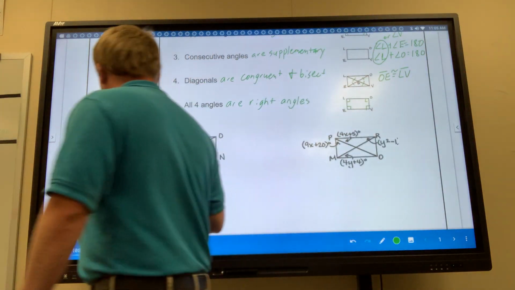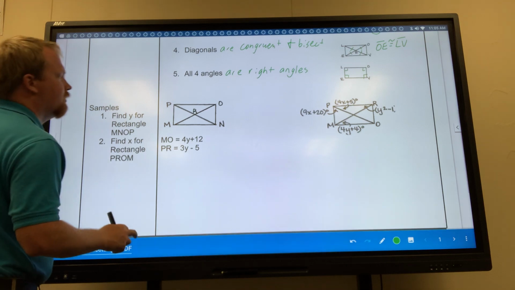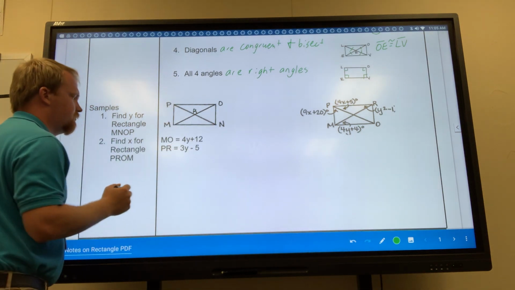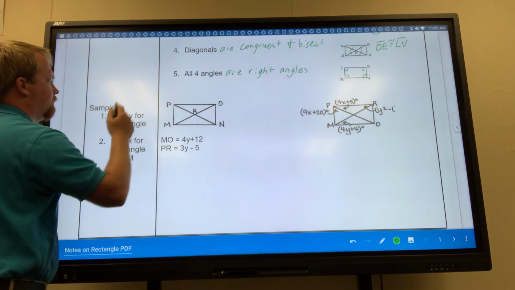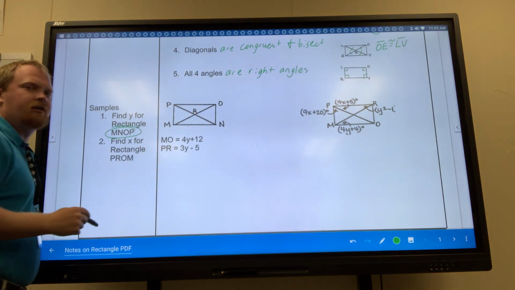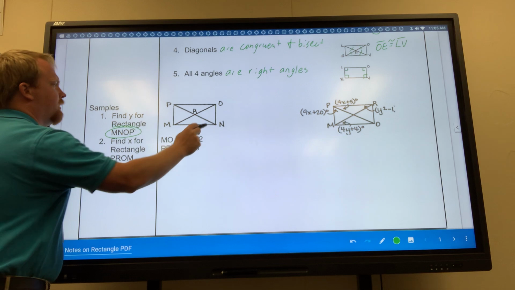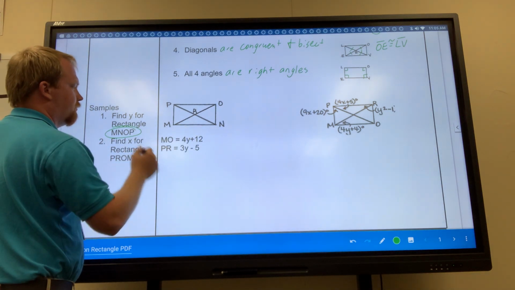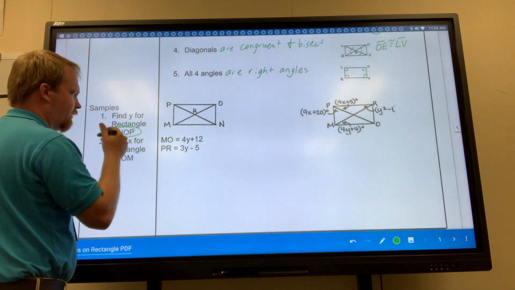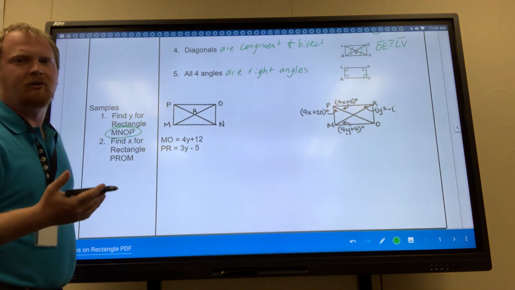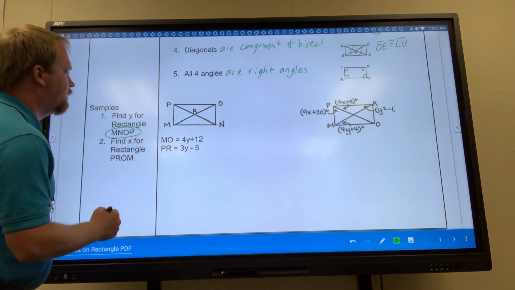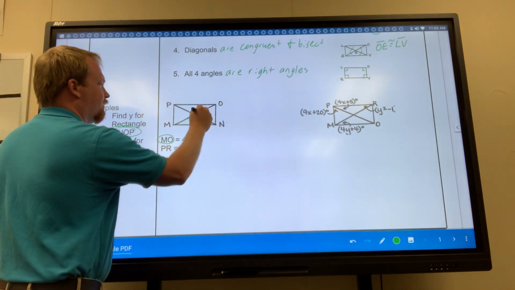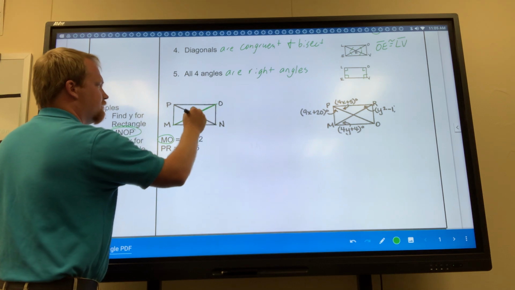Now, moving on to this problem. If I have rectangle MNOP, we want to solve for y. Now, MO is this whole length right here.